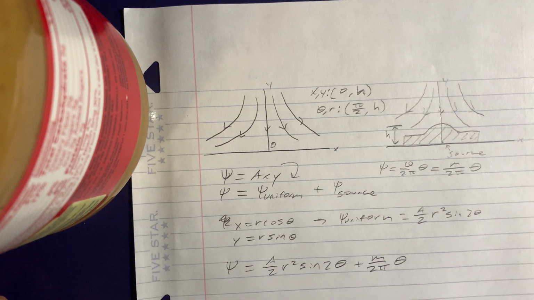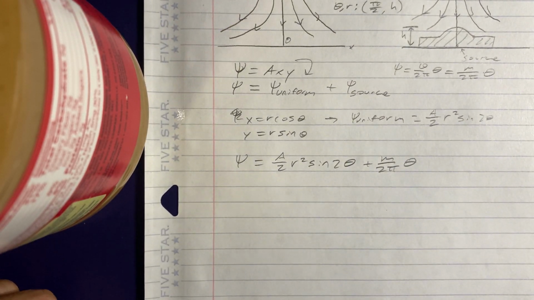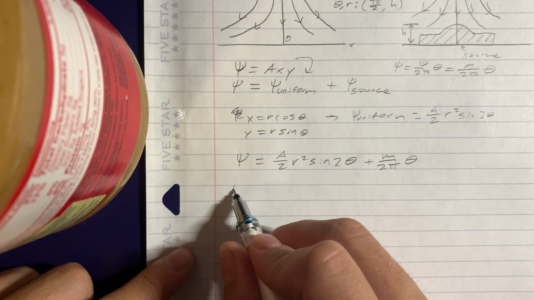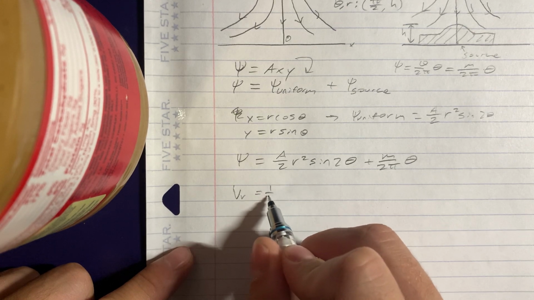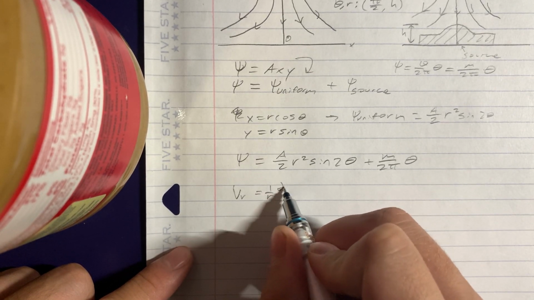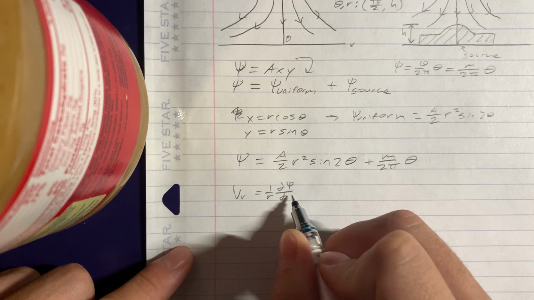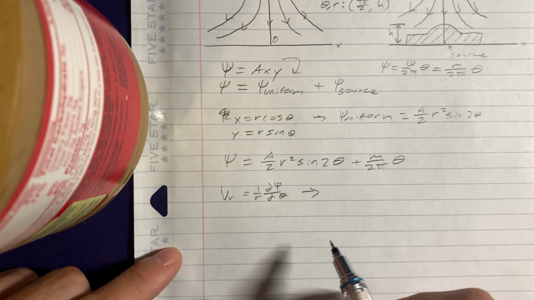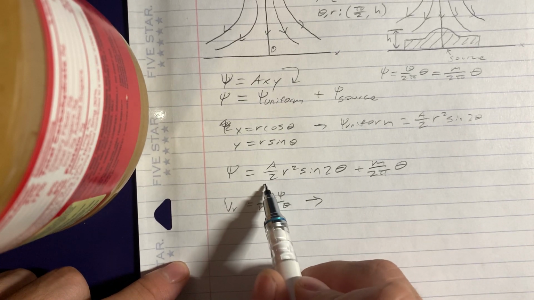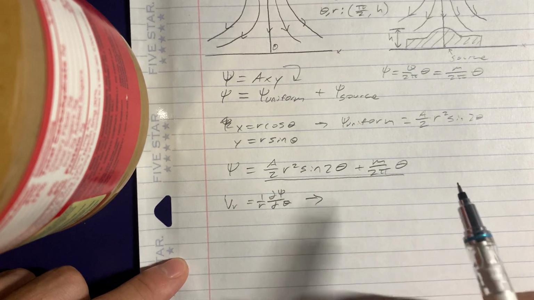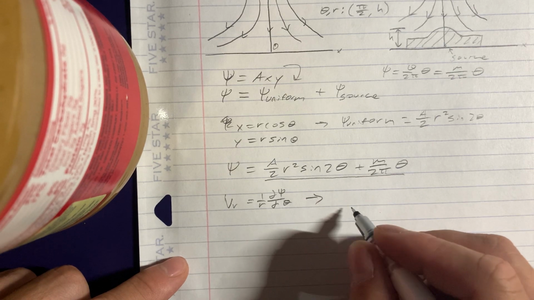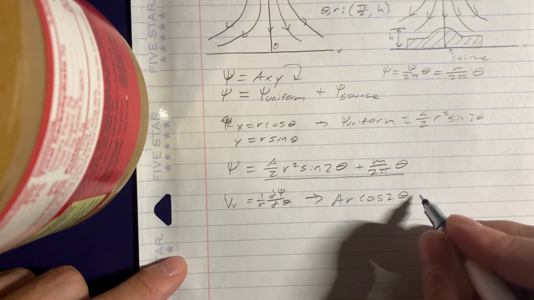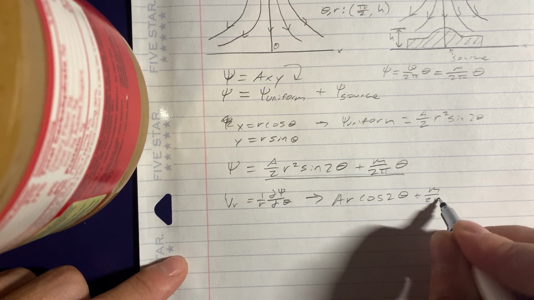Now we want to take a look at our radial and tangential velocity components. For radial velocity, that can be described as 1 over r times d psi over d theta. So that's 1 over r times the derivative of this equation, which becomes A r cosine of 2 theta plus M over 2 pi r.